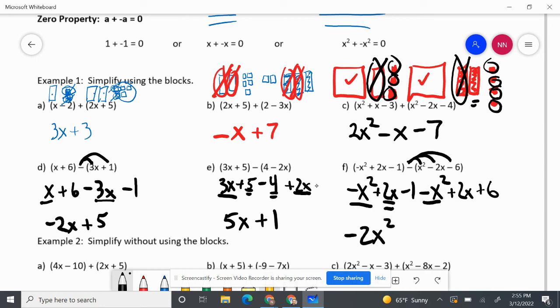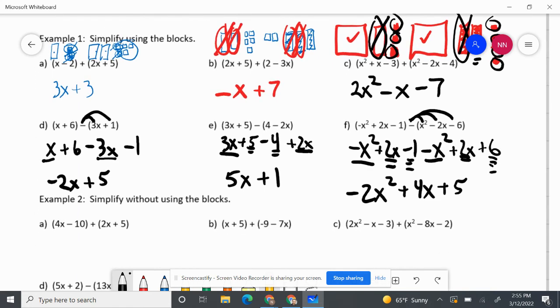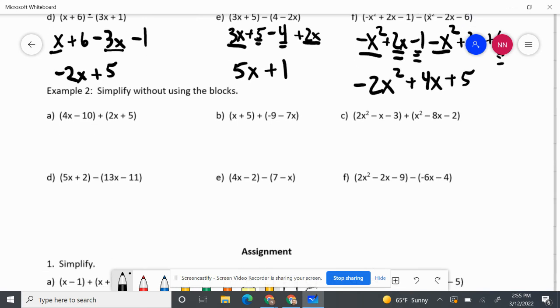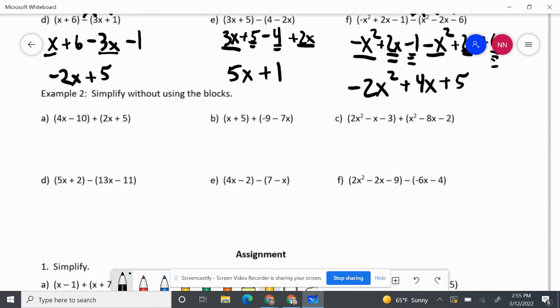Then I'm looking at my x's, and I have a 2x and a 2x, so that would be 4x. And then I have a -1 and a +6. Those have different signs, so I know I'm subtracting. Larger one is positive. And so that would give me my answer. So what I want you to do is try these 6 on your own and see how you do.